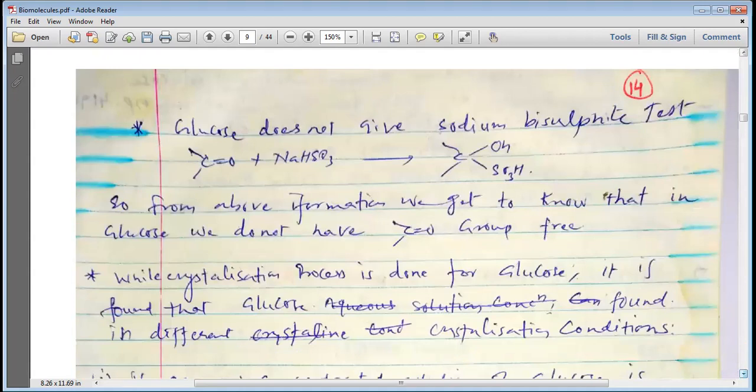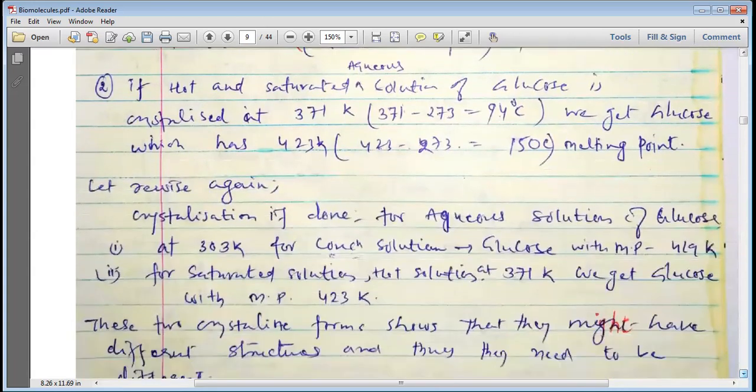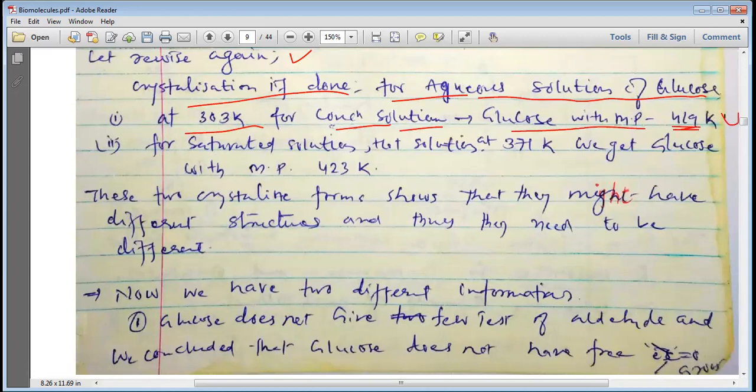So when we crystallize this glucose, my dear students, we came to know a few important things about glucose. When crystallization is done for glucose in the aqueous solution at 303 Kelvin, for the concentrated solution, glucose is formed with the melting point of 419 Kelvin.